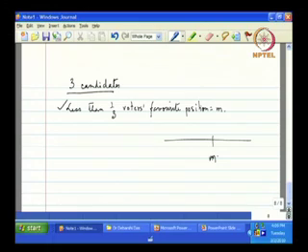Here is M, and less than 1/3 of the voters have their favorite position at M, which means that more than 2/3 voters have their favorite positions elsewhere.